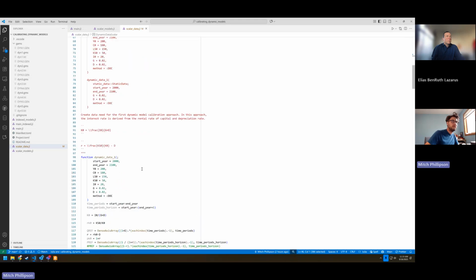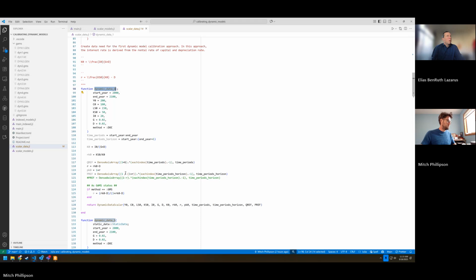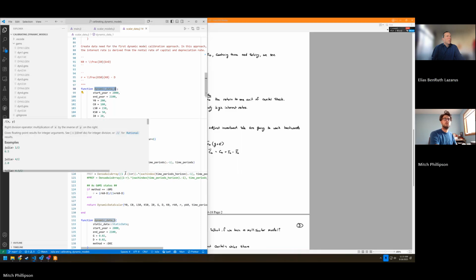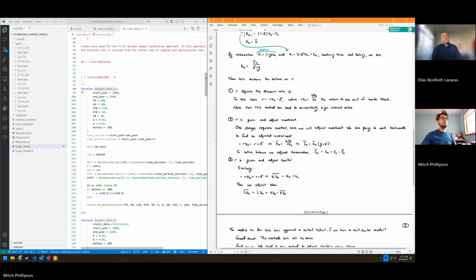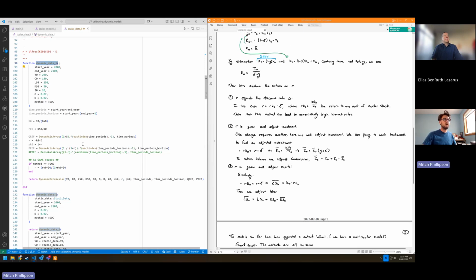And the way that you use it is I have a function that returns that for each year, or for each period option. This one is the first one. R equals RK0 minus the depreciation.